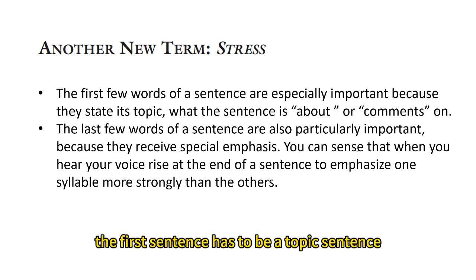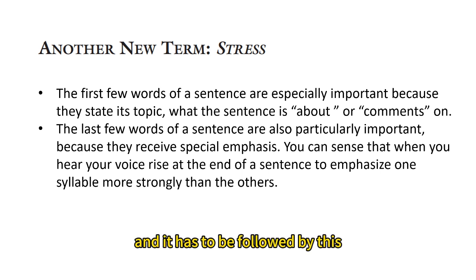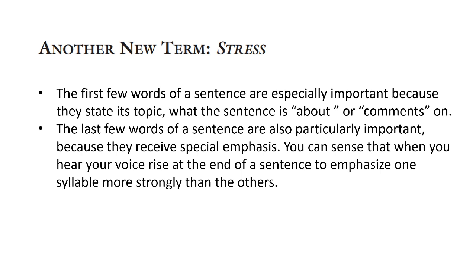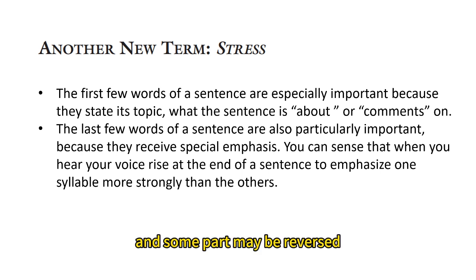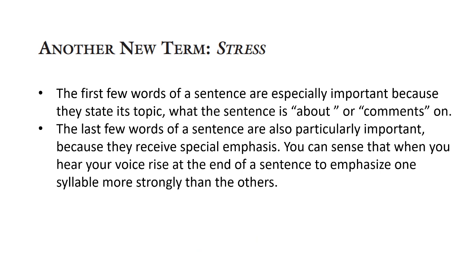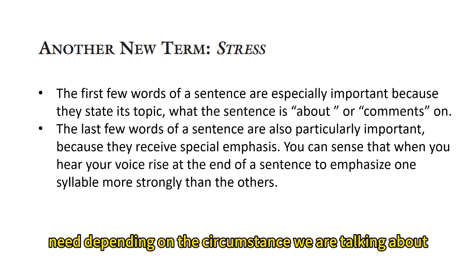The first sentence has to be a topic sentence, and then has to be followed by this and that, and then has to be wrapped up with that. A lot of times, some part is missing and some part may be reversed. That is to say, one part is put in front of another, which generally speaking should be in the first place. So it really depends on your need, depending on the circumstance.